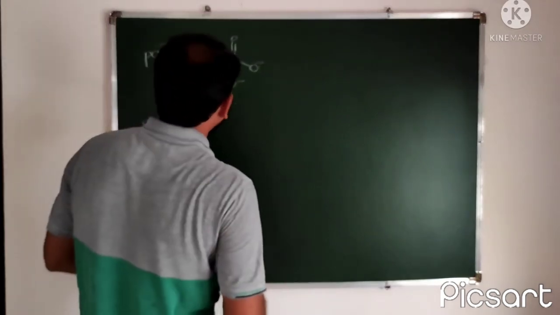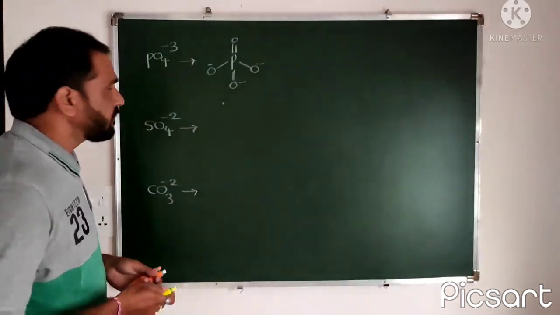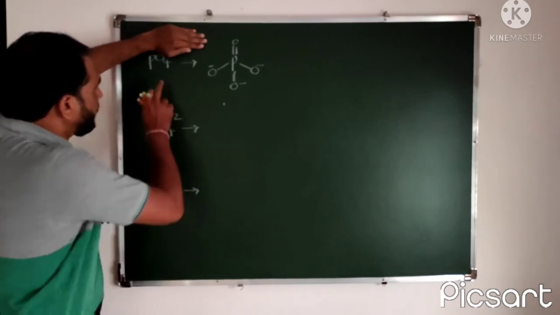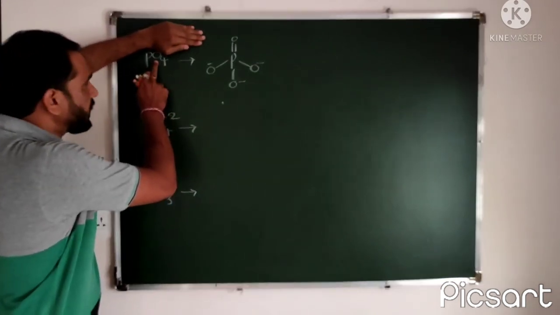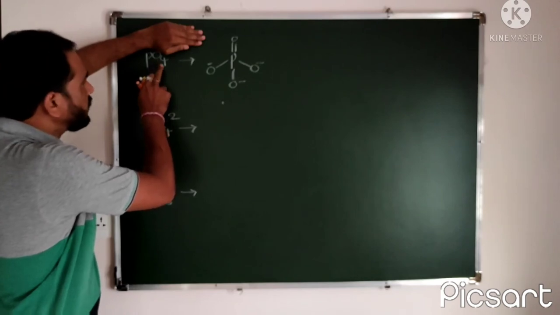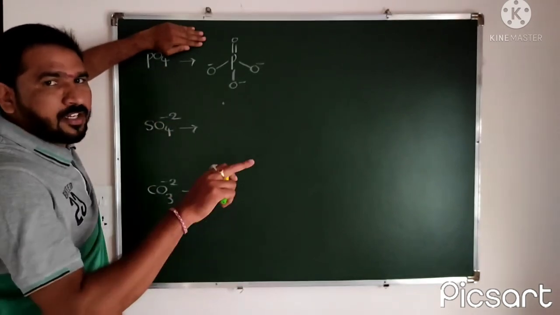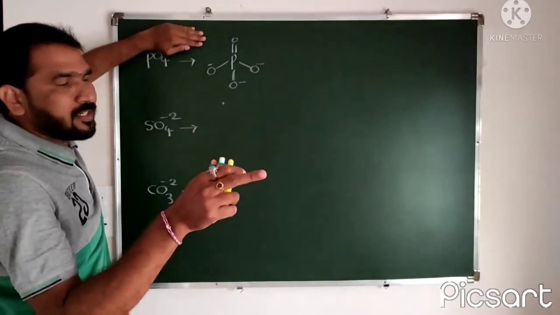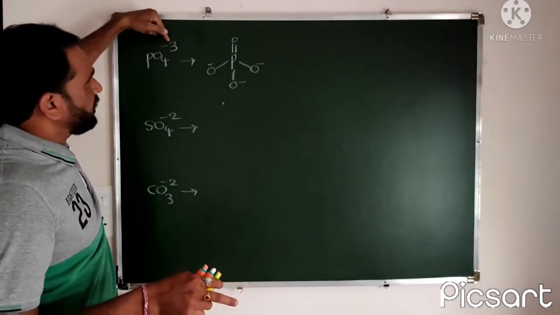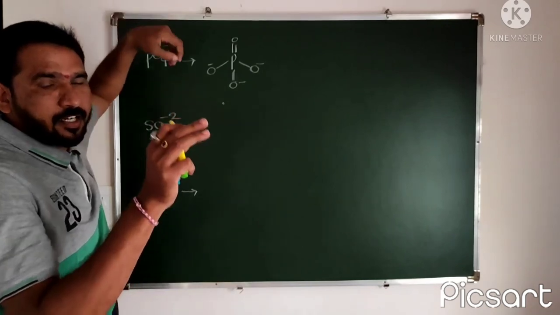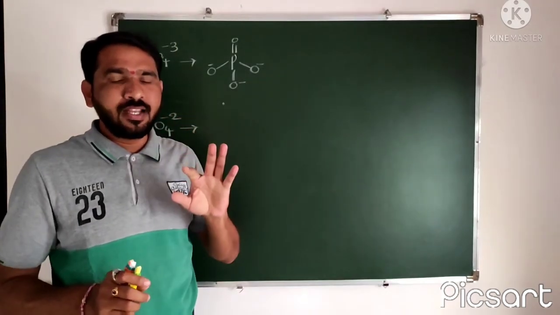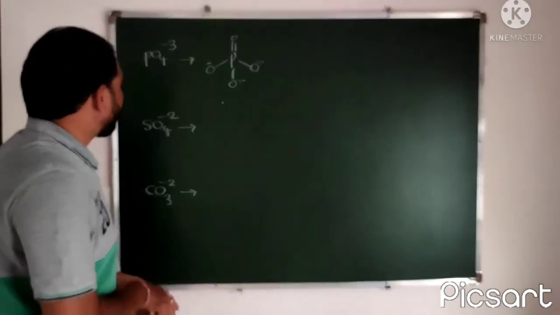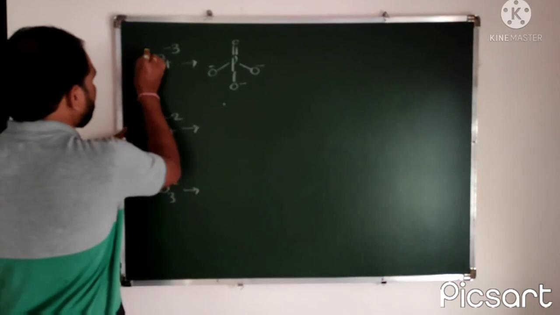Then what is the phosphorus oxidation state? General calculation: minus 2 is the general oxidation state of oxygen, into 4 oxygens, minus 2 into 4 equals minus 8. Over this, the minus 3 charge reduces it, remaining minus 5. It means plus 5 is the oxidation state of phosphorus.